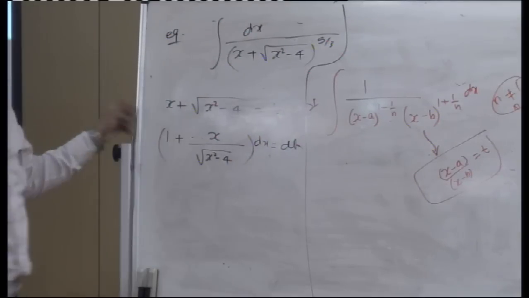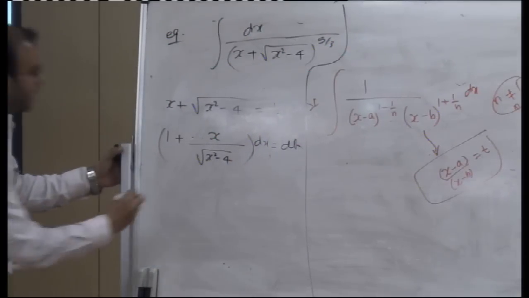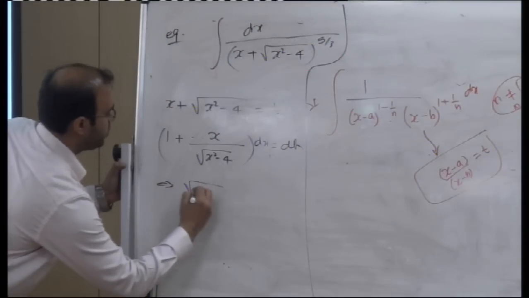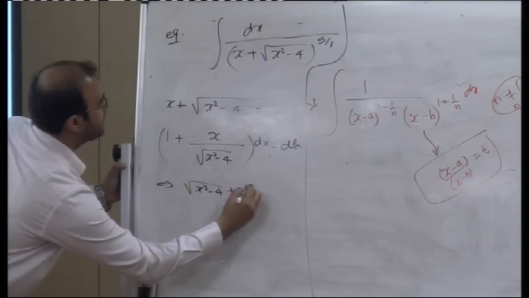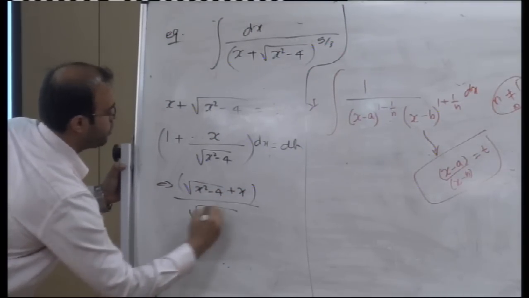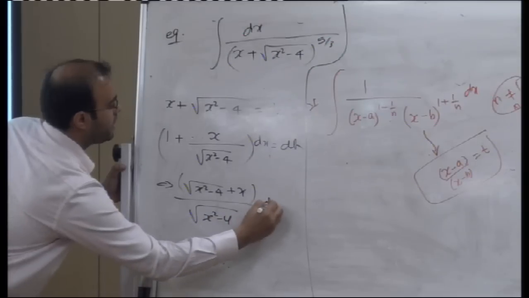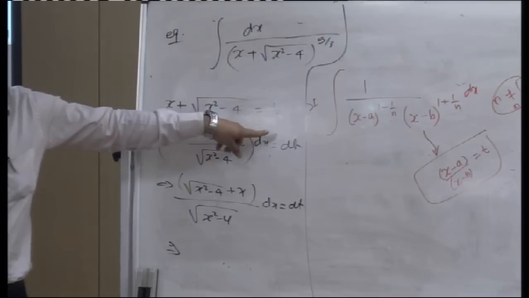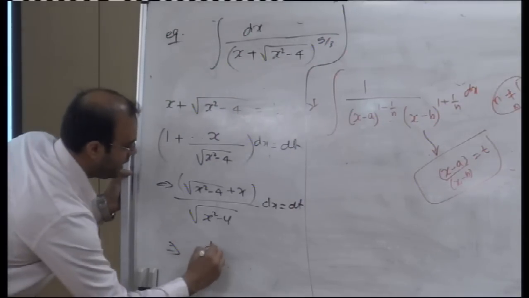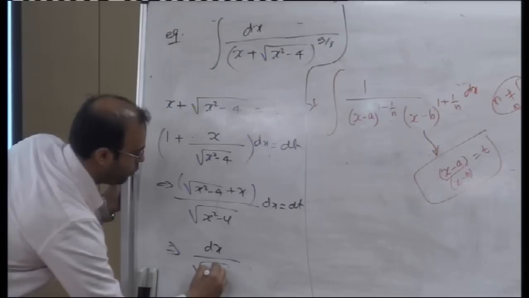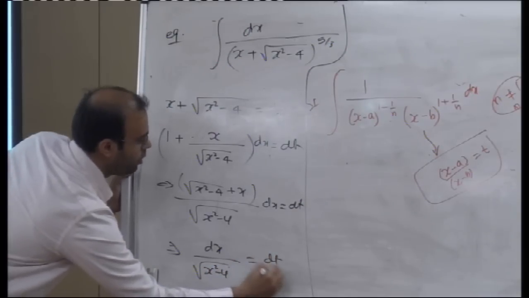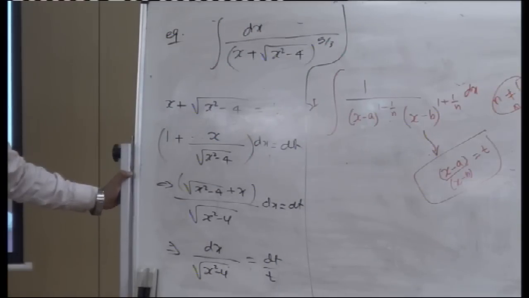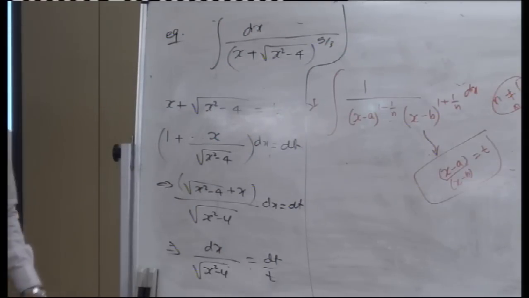The 2 actually gets cancelled when you differentiate it, and this would become root over x square minus 4 plus x by root over x square minus 4 dx equal to dt. Now root over x square minus 4 plus x is already t, so you can write it as dx upon root over x square minus 4 equal to dt upon t. We divide this with this, t would go there.